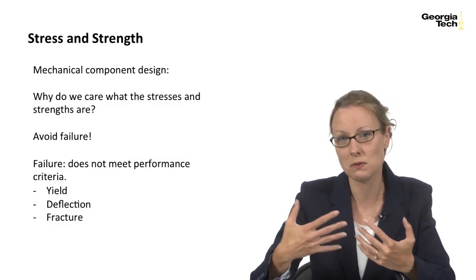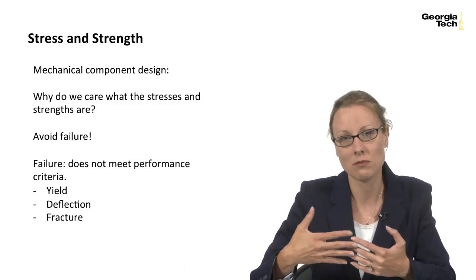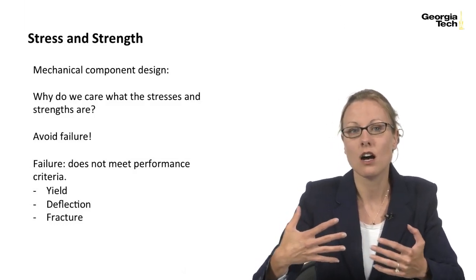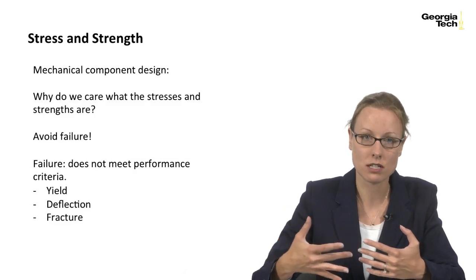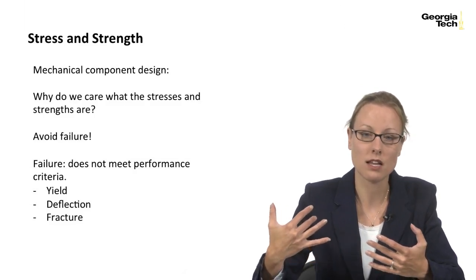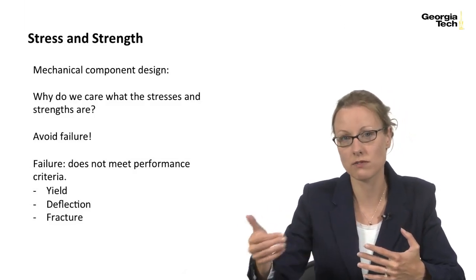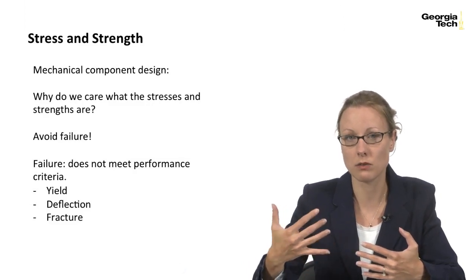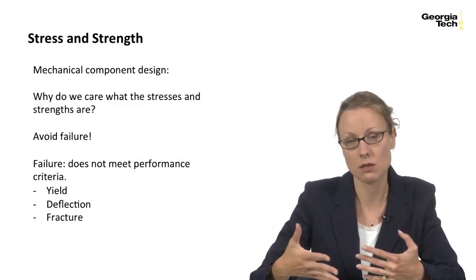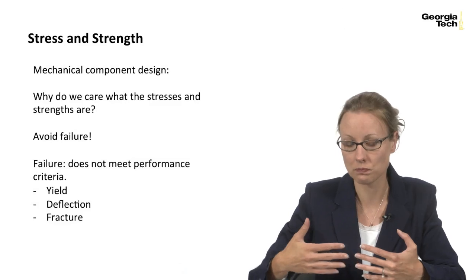And clearly, if you start to get fracture, that's a pretty bad sign. The performance criteria and the determination of what is failure and what is not is typically determined by both the design engineer and the program that they're working on.